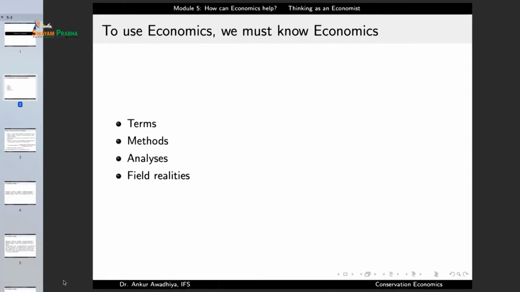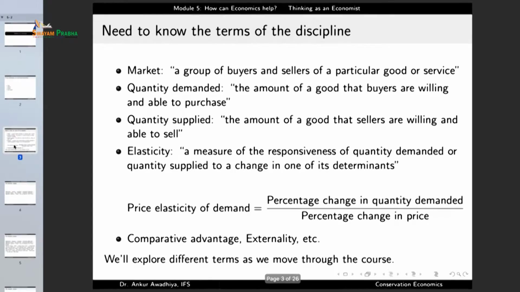Some methods are specific to a field, however there are certain methods that are common across all fields, such as the scientific method. So we'll have a look at what kinds of methods are used in economics. We'll also try to discern the kinds of analysis that are done in this field, and then we'll look at the field realities. So let us begin with the terms.